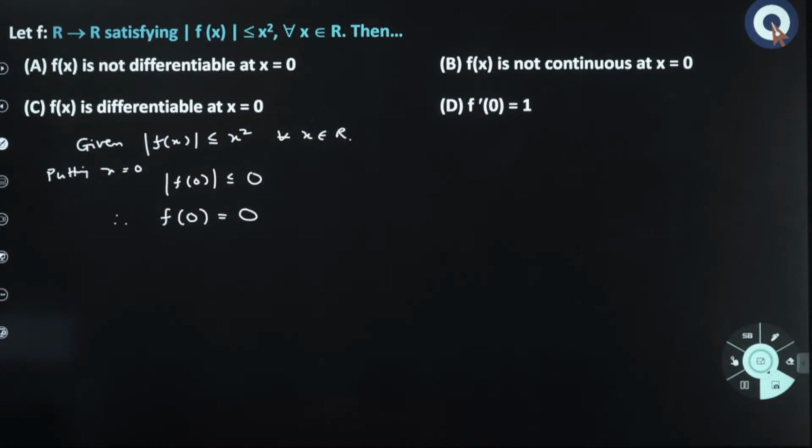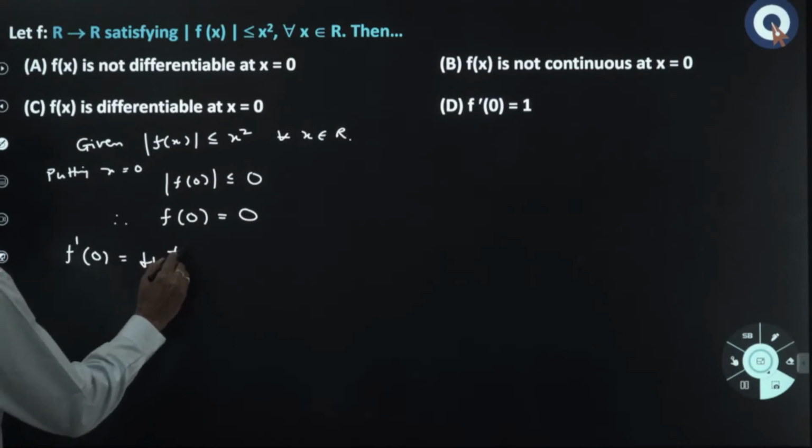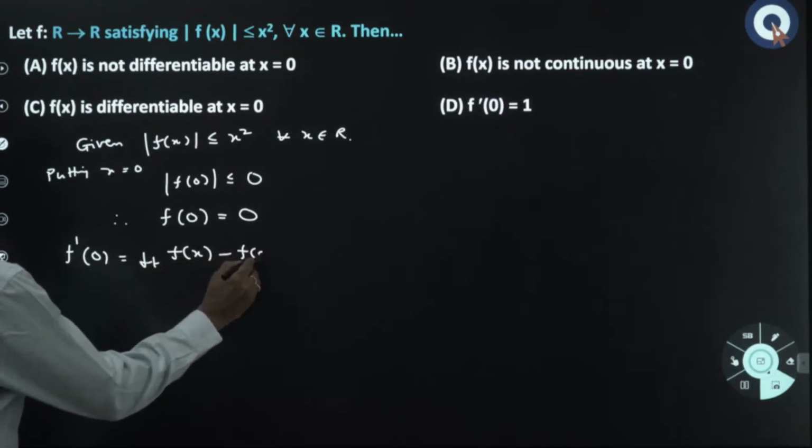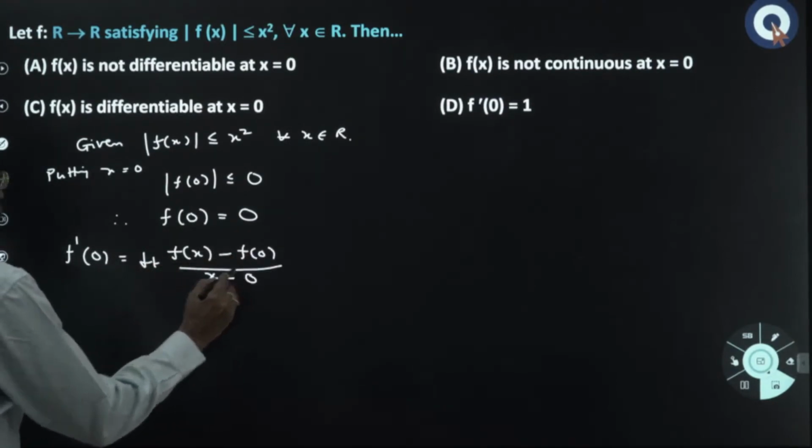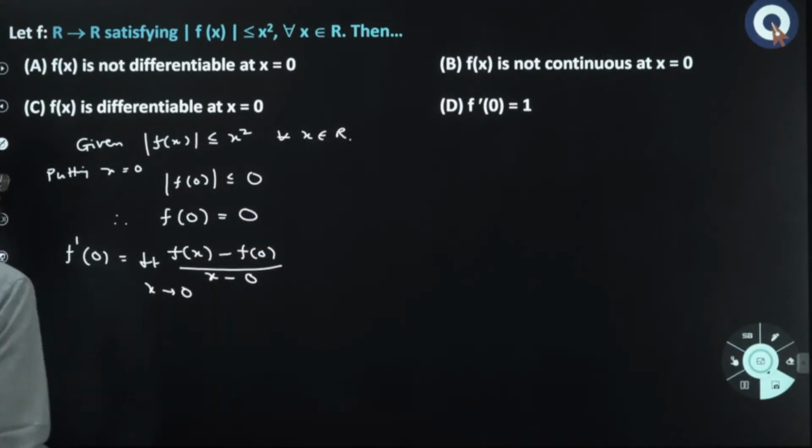Now, f dash 0, if you consider, f dash 0 will be limit of fx minus f of 0 by x minus 0 as x tends to 0. So, f of 0 is 0. So, this is limit of fx by x as x tends to 0.